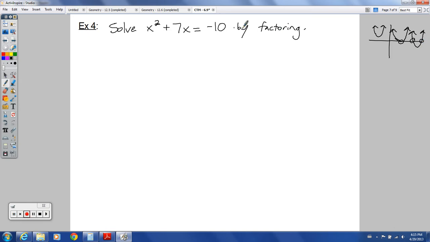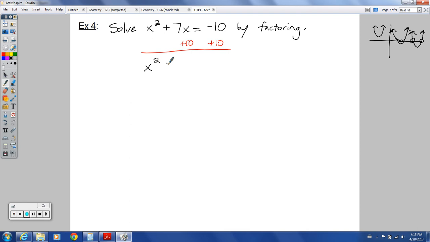What are the values of x, in other words, that make the y value 0, or would make the graph equal to 0? So we need to get one side equal to 0 to do that. So let's show this in our different color. Add 10 to both sides to start. You always need to get one side of the equation equal to 0 when you are solving by factoring.